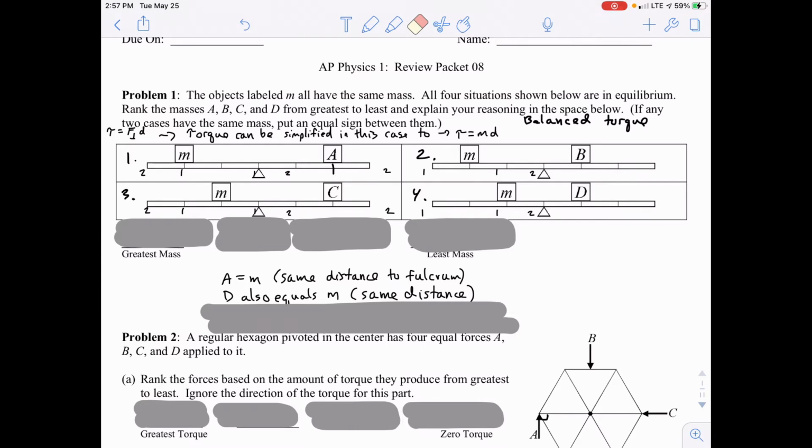D is also equal to M, 1 unit away from the fulcrum. So if D equals M and A equals M, then perhaps A equals D.